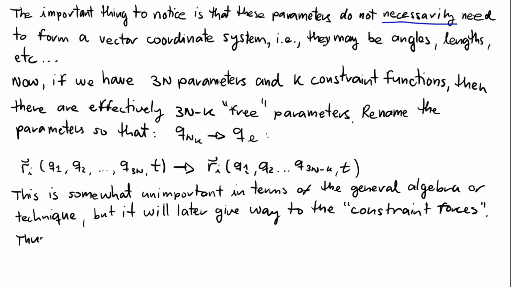So, for the moment, just assume that the ith position is a function of the n parameters and time, where n is an integer number and represents the number of independent parameters that you have.